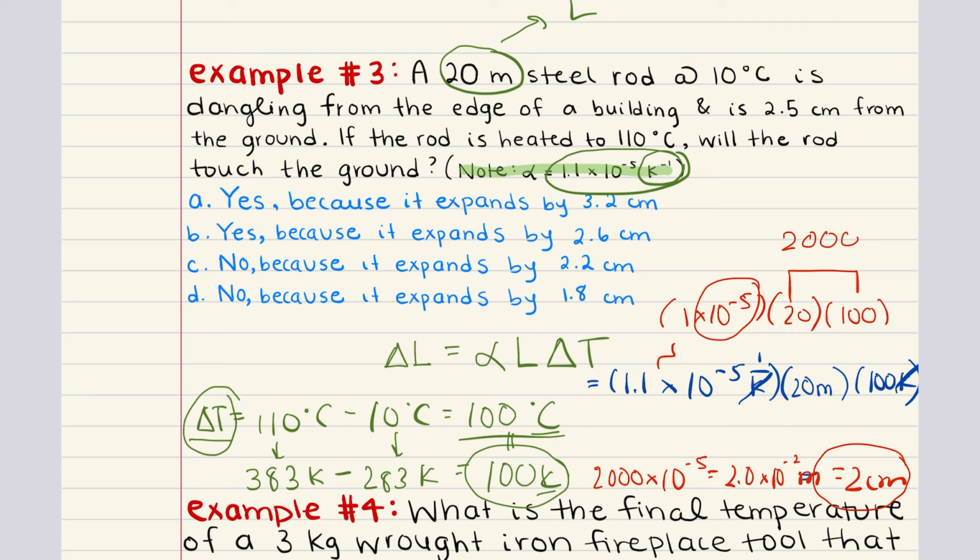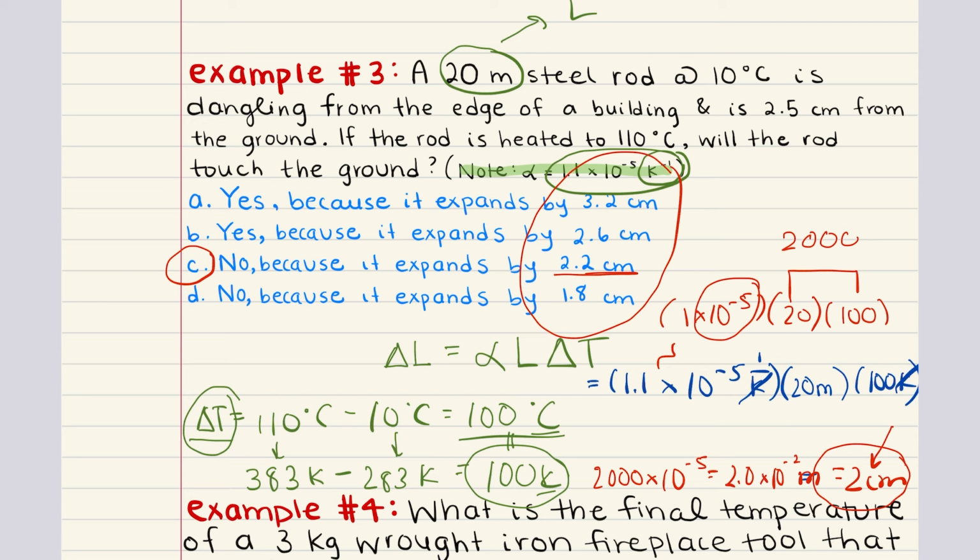And the answer choice that best aligns with this is going to be answer choice C. No, because it only expands by 2.2 centimeters. That's the closest value out of our answer choices to the number that we approximated, which is 2 centimeters.